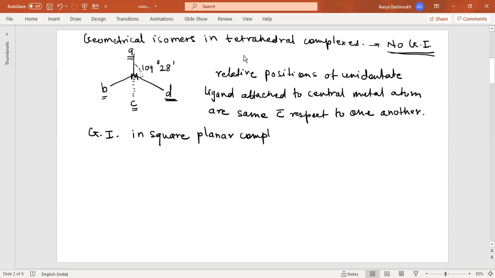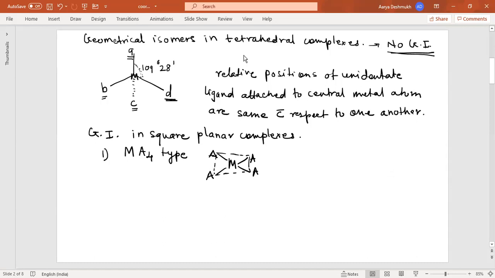In the case of square planar complexes, we'll study one by one the different combinations of metal and ligands. The first is an Ma4 type complex: one metal atom and four unidentate ligands of the same type. You can draw the structure of the square planar complex like this.